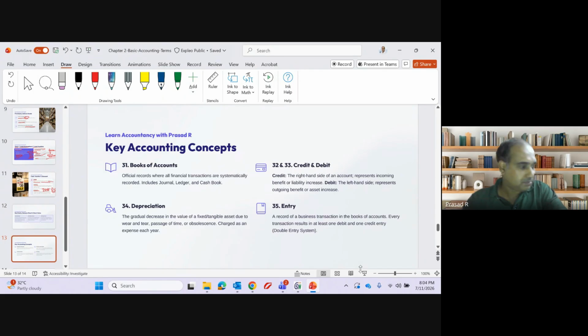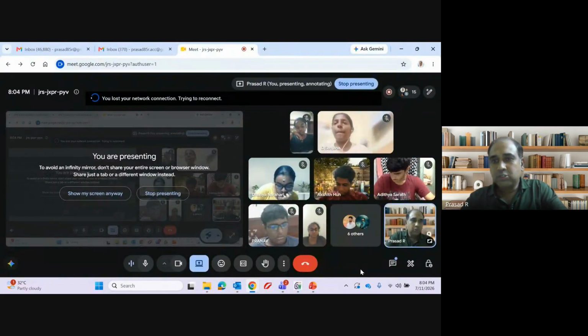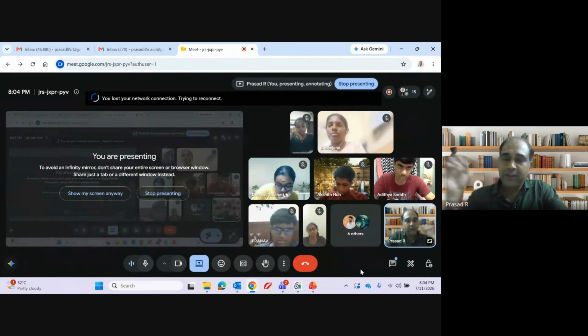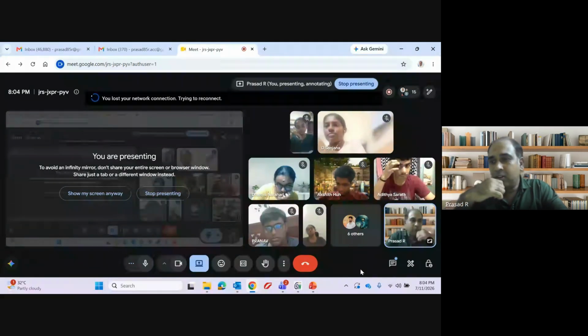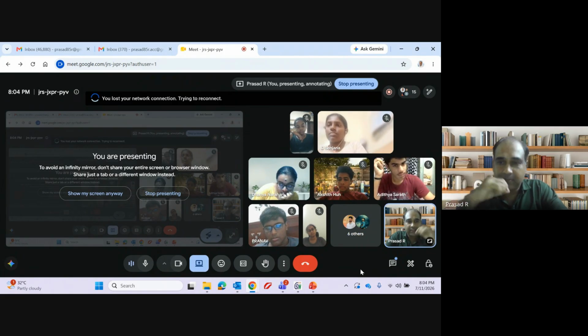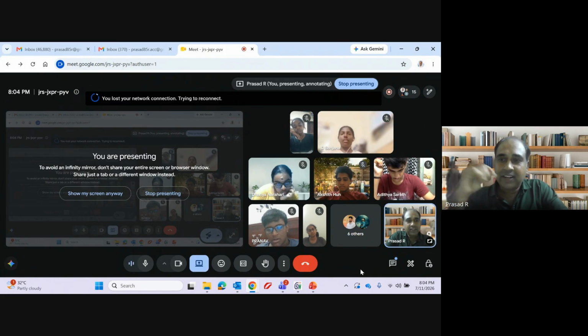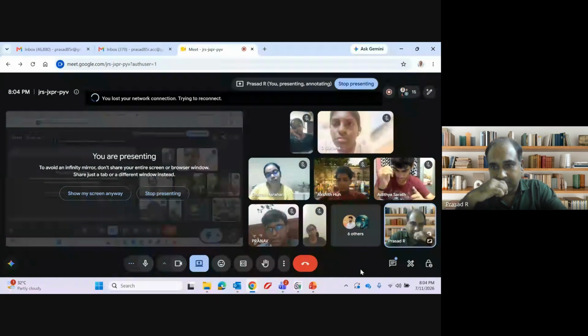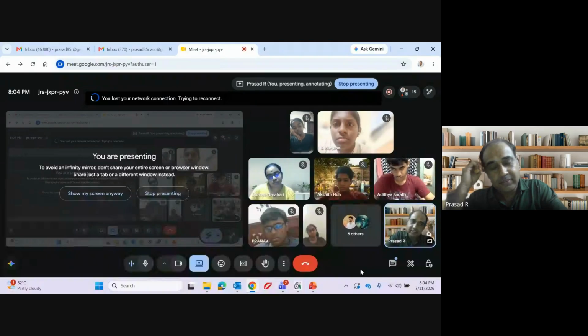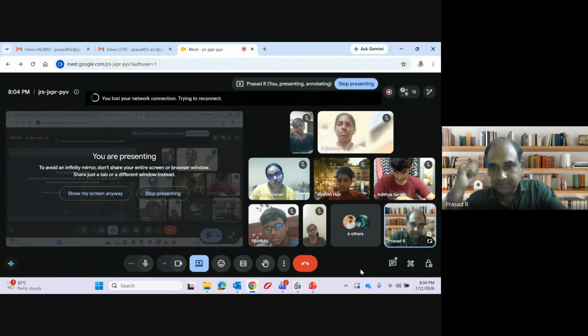Books of accounts. When we discussed the definition of accounting in the first chapter, one of the things was recording. Where do we record the transaction? In journals.